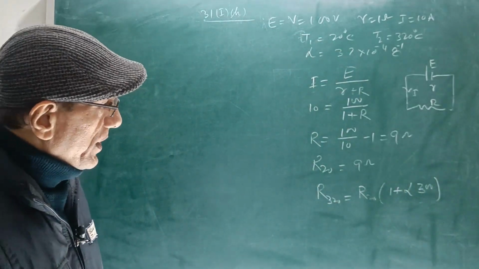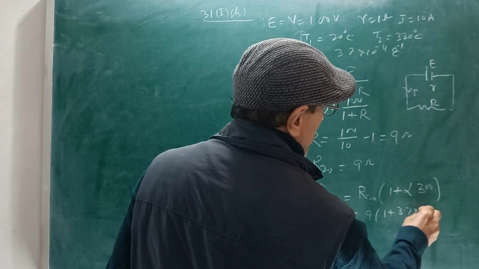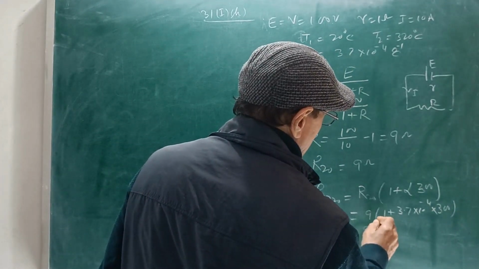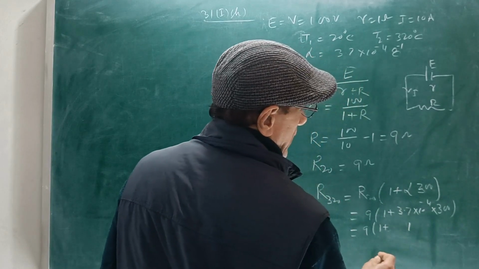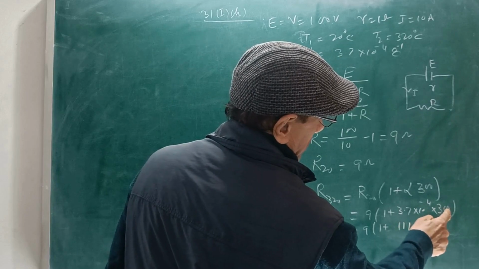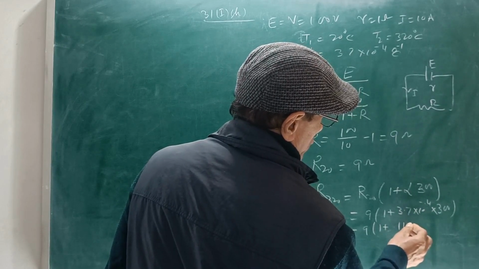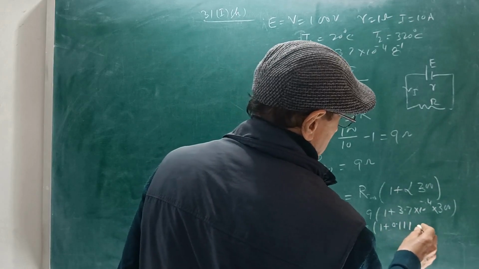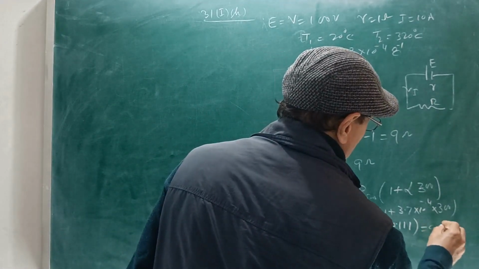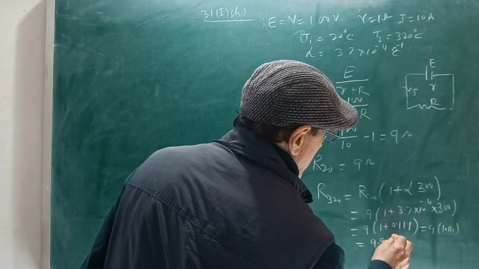So R20 is 9, this is 1 plus 3.7 into 10 to the power minus 4 into 300, that comes to be 9 into 1.111, that is 9.999 ohms.